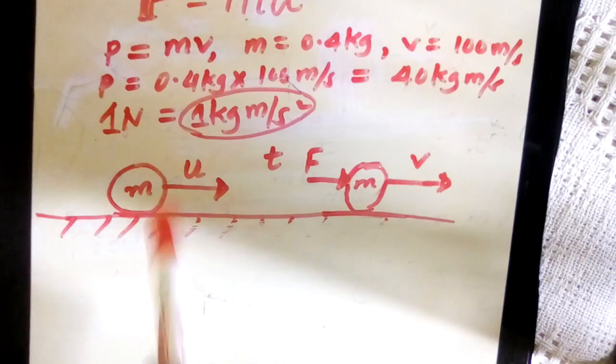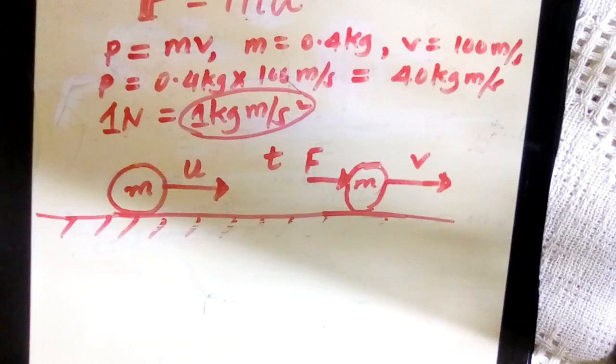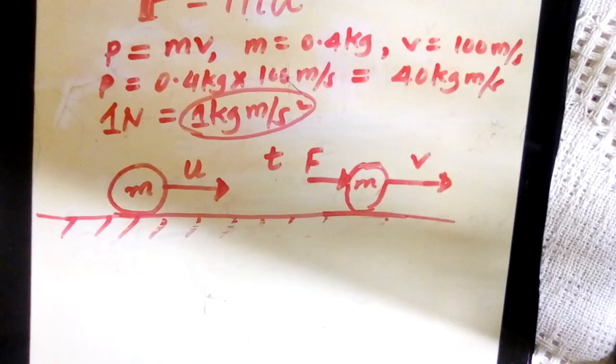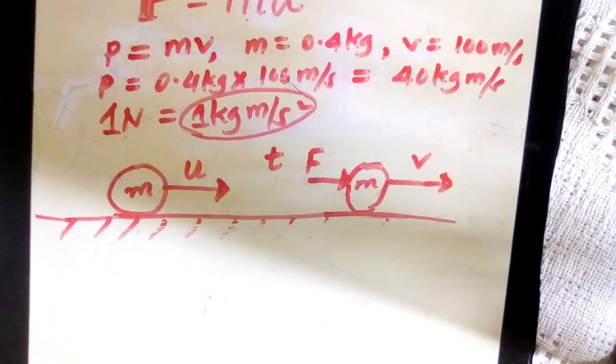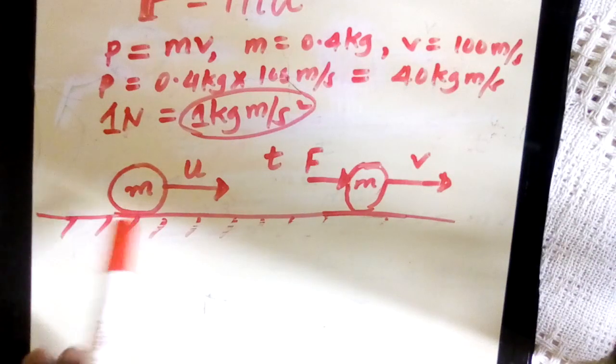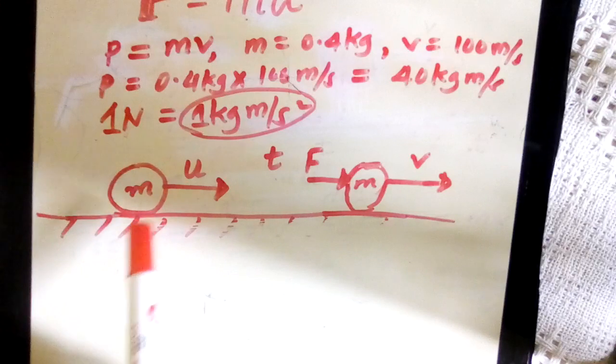When a force acts on an object, many effects can happen, but in this case I'm going to show you two effects. When a force acts on a body, for example this body which we have just demonstrated, the body may speed up or slow down, but in this case you can see the body actually accelerates.